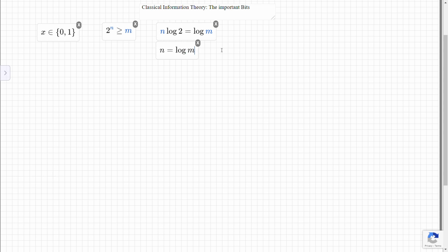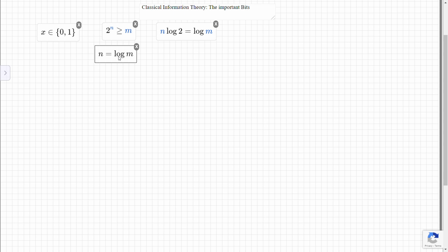So it means that if you have a message and you want to encode it, then the number of bits n is the value of log m. For example, if you're trying to develop a language which communicates 256 different kinds of messages, how many bits would be required to represent such a language? That would be log of 256, which is 8. So that's what this equation talks about.